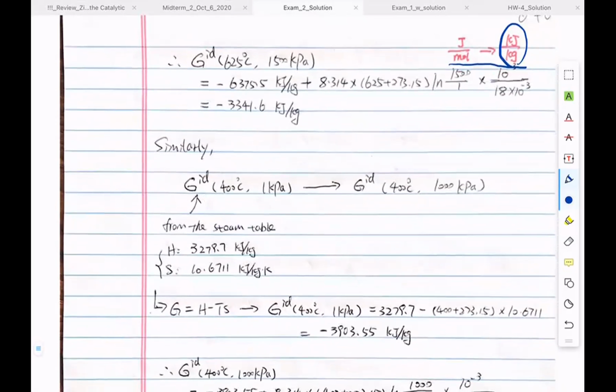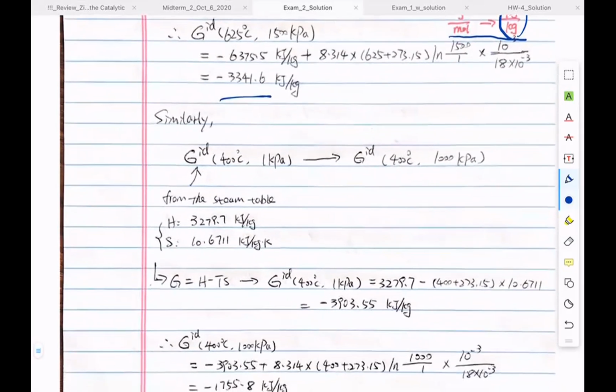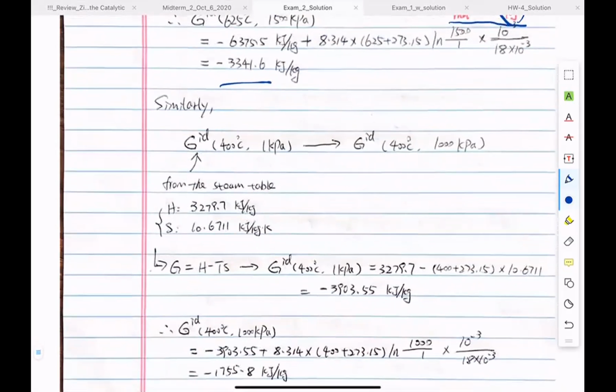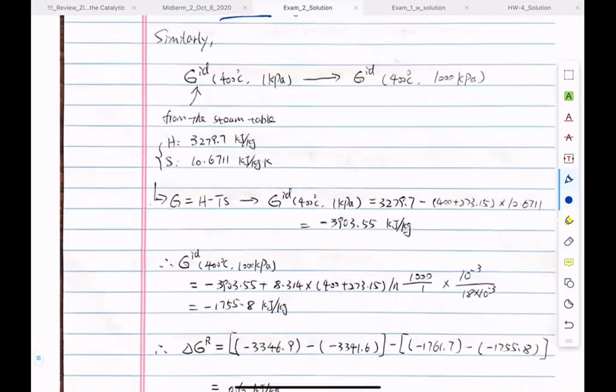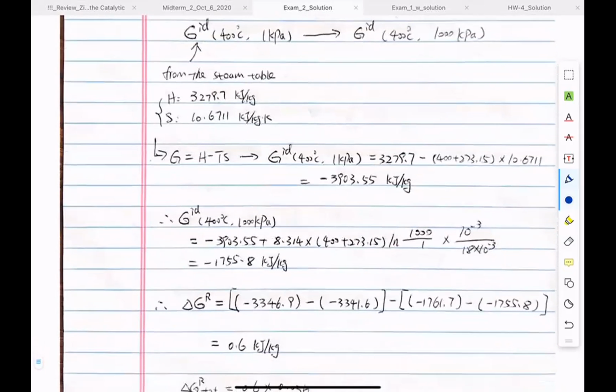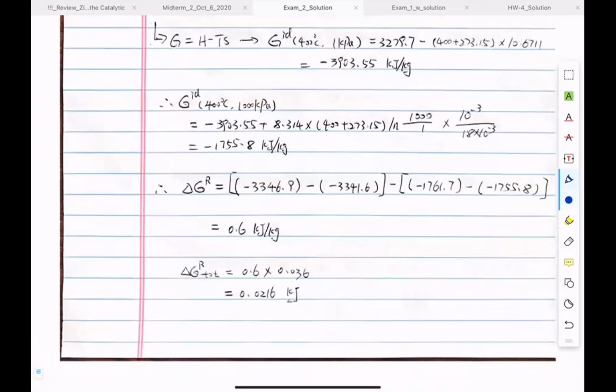So this is how we receive the calculated value. Very similarly, you are going to repeat that step with some patience and calculate the other values, right?